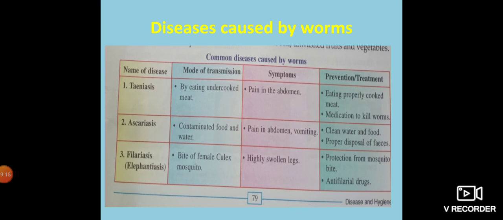Another disease is Teniasis, which is caused by the worm called tapeworm or Taenia. It is transmitted through uncooked meat. Symptoms are pain in the abdomen, and prevention is eating properly cooked meat, and also medication to kill the worms.